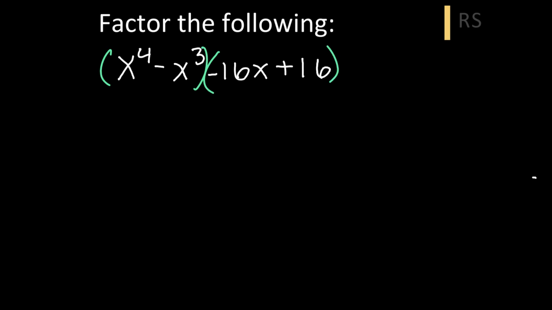Then what I have to do, Aria? You can take out the x cubed for the first one. Yes, you take out the GCF of x cubed. And what are we left with on the inside, Ella? We have x and y.